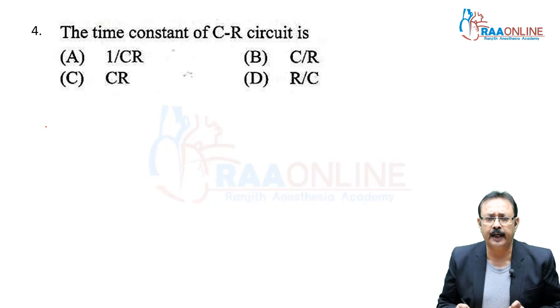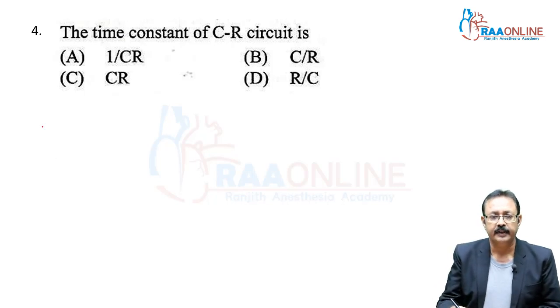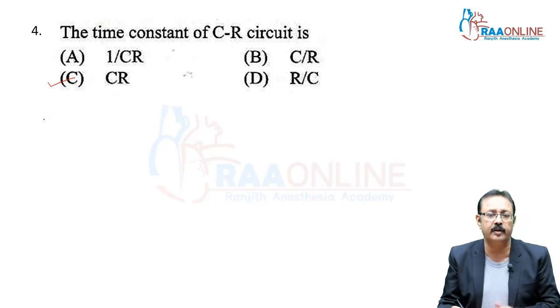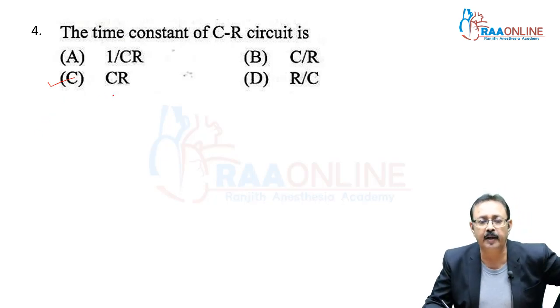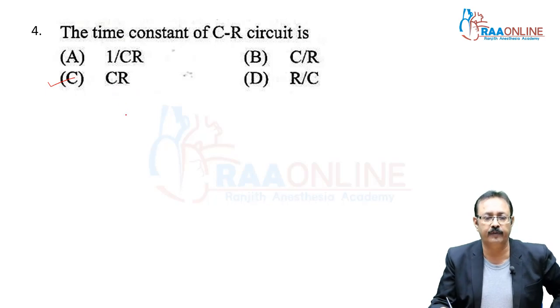Next, the time constant for CR circuit is CR and you can calculate dimensionally also. What are dimensions of C into R? We know that C means Q by V. Q is equals to VC.